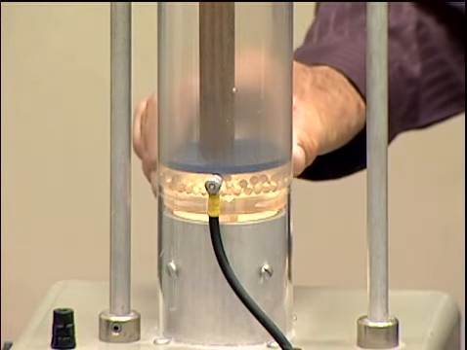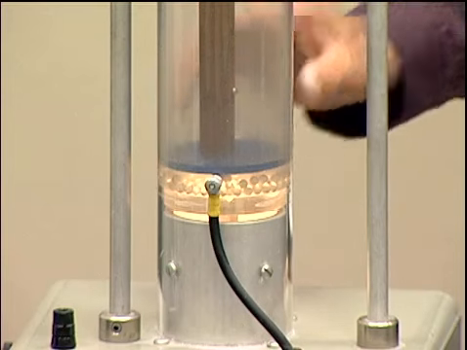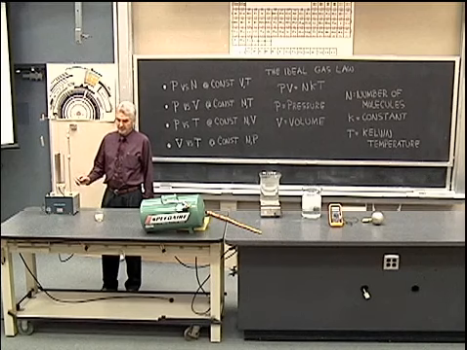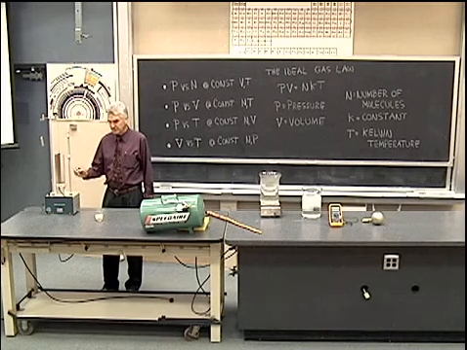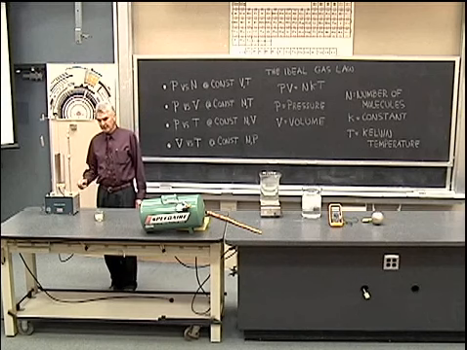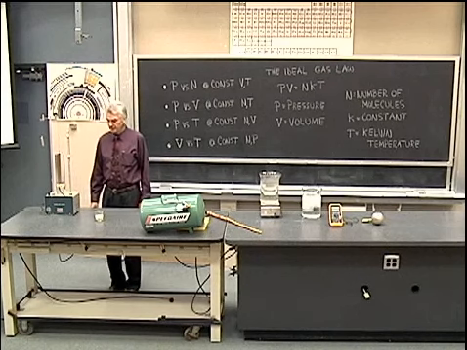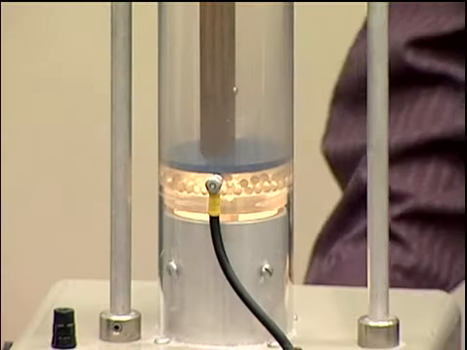That'll start the BBs into motion, simulating a gas with molecular activity. I'm going to first set it at a particular average speed, and then I'm going to let the volume increase, and you'll see that happen. And then I'm going to turn the speed up, and again we'll see the volume further increase.